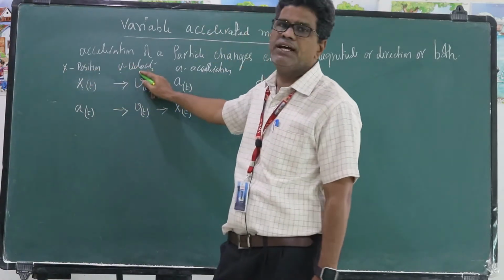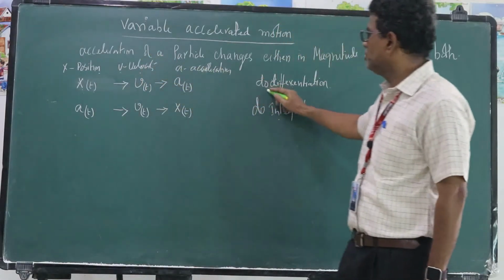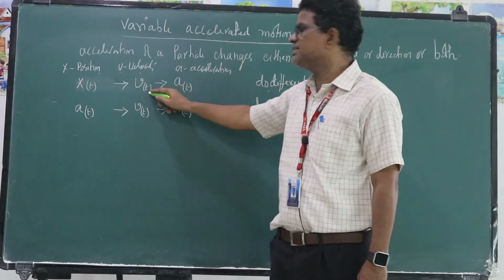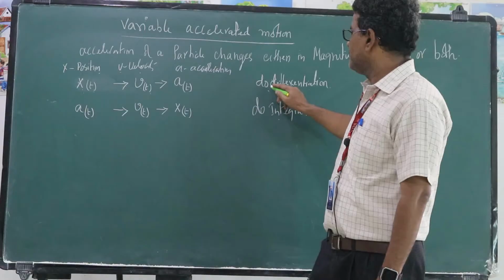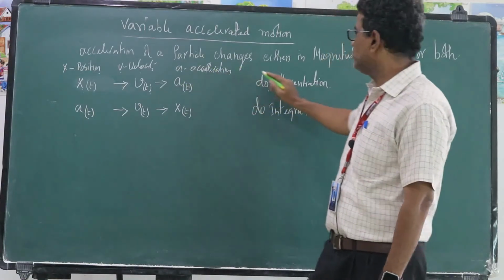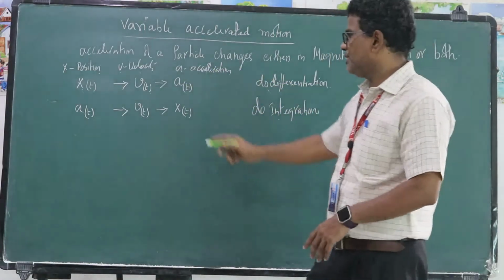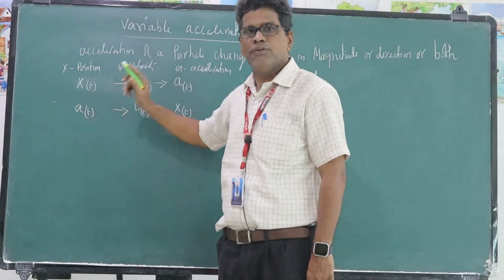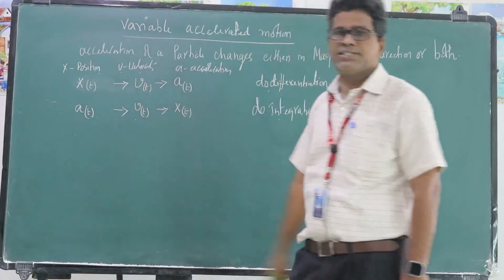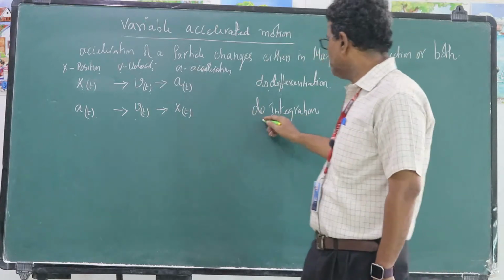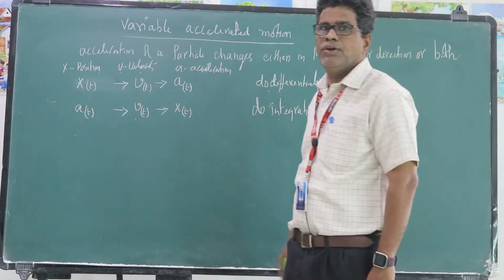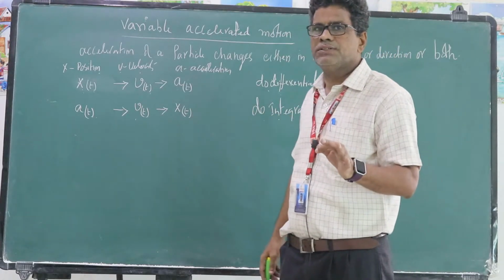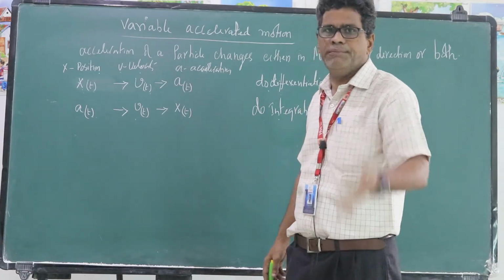You want velocity? Do differentiation. Velocity is a function of t. You want acceleration? Do differentiation. Reverse process: acceleration is a function of time t and we want velocity, then do integration. If you want specific values, do integration with the proper limits.